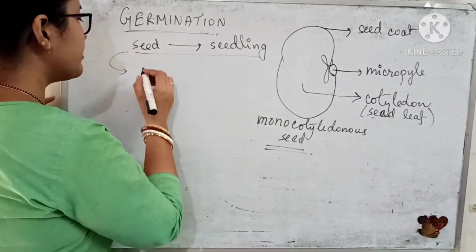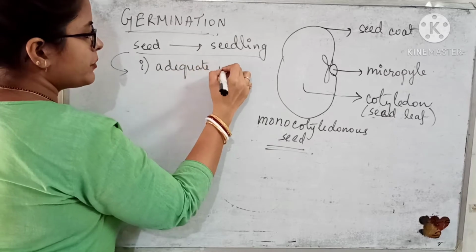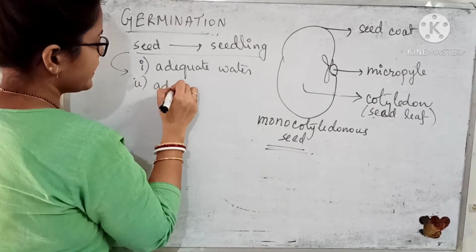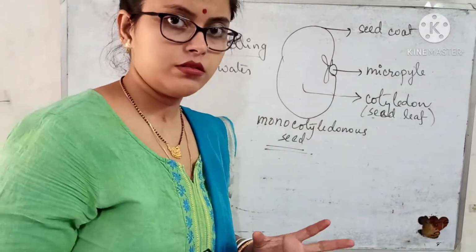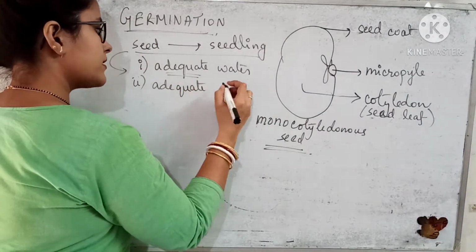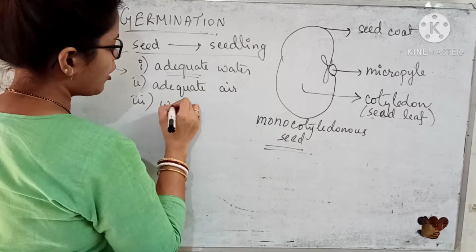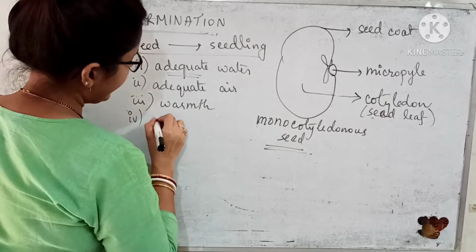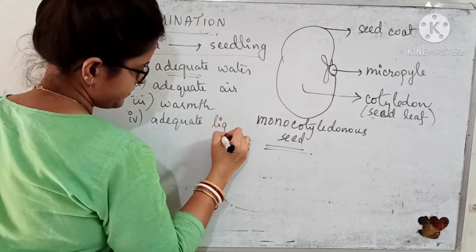And what are the favorable conditions? Adequate water. Adequate means the required amount. Adequate air, warmth, and adequate light.